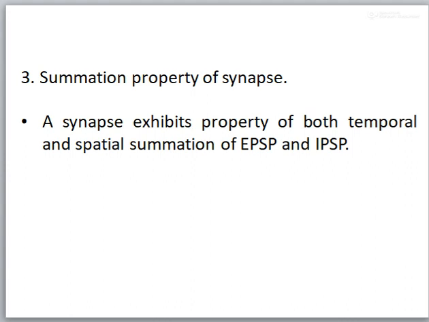Third property of the synapse is the summation property. It can be either temporal summation or spatial summation of EPSP and IPSP. This is important because excitation of a single presynaptic terminal never excites the postsynaptic neuron, as sufficient neurotransmitter is not released to raise EPSP to produce the action potential.